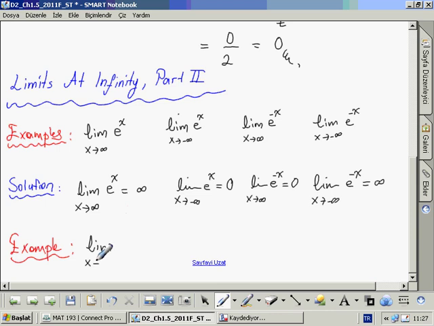Limit as x goes to infinity of e to the power of 2 minus 4x minus 8 times x squared.